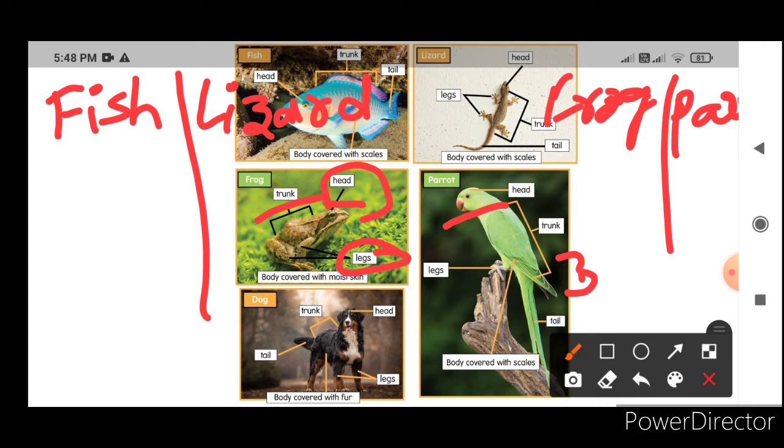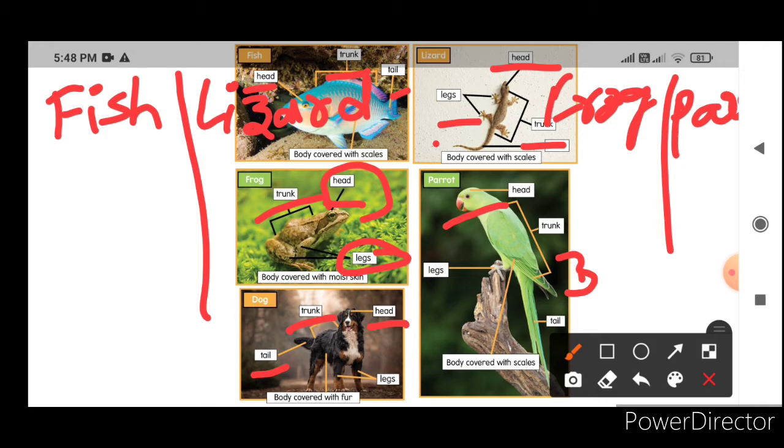And you see the dog. Even the dog's body is also divided into head, trunk and tail. Even the fish body is also divided into head, trunk, tail. Even the lizard body, head, trunk and tail.